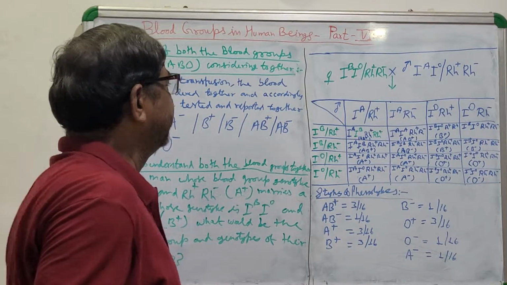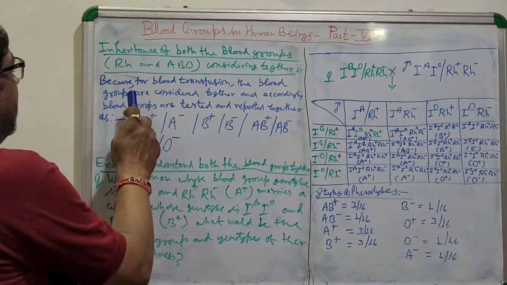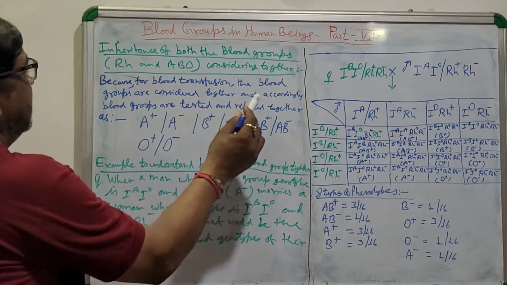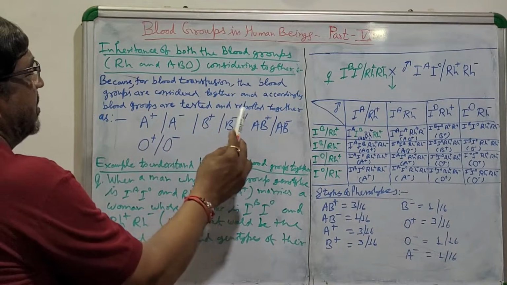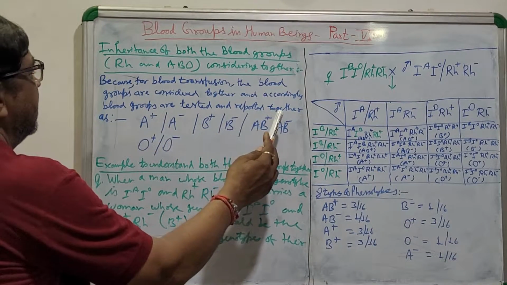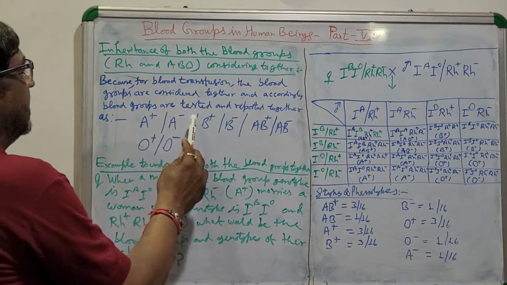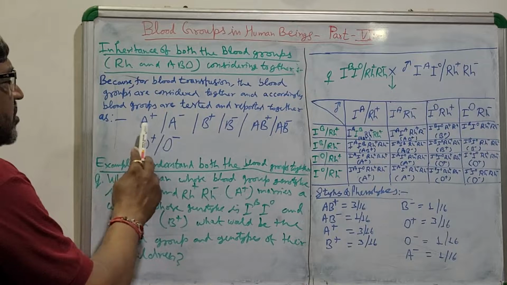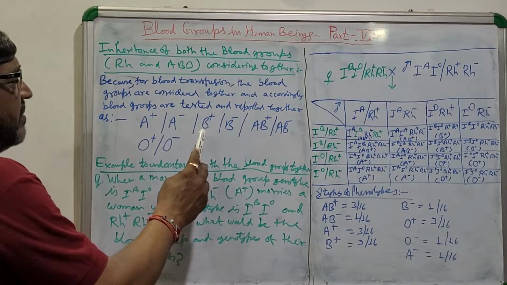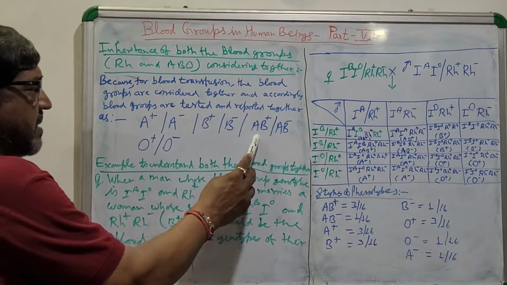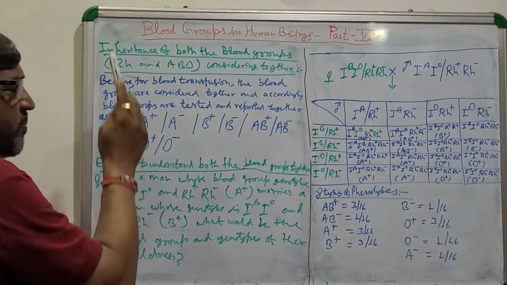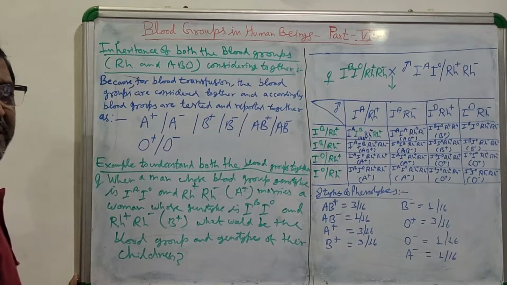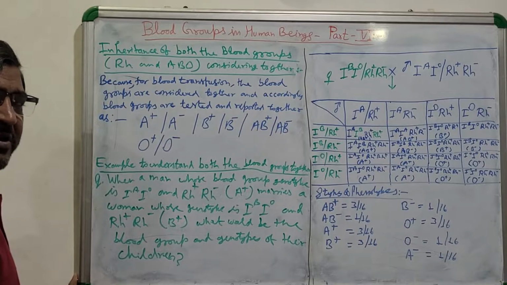Because for blood transfusion, the blood groups are considered together, and accordingly blood groups are tested and reported together as A positive, A negative, B positive, B negative, AB positive, AB negative, O positive, and O negative.